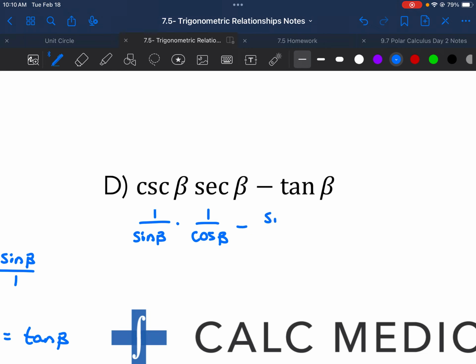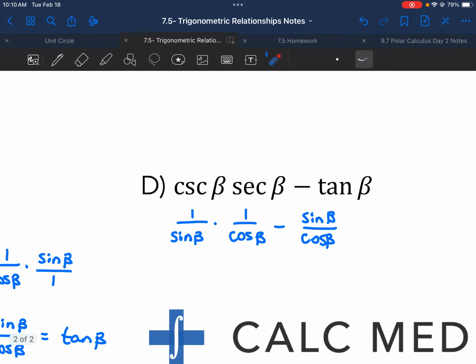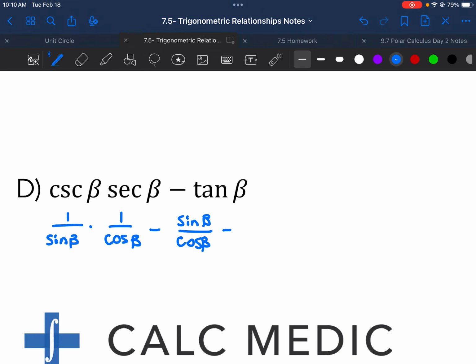Tangent of beta is sine of beta over cosine of beta. Notice when we multiply, this is going to give us 1 over sine beta times cosine beta. Then we have minus sine beta over cosine beta.